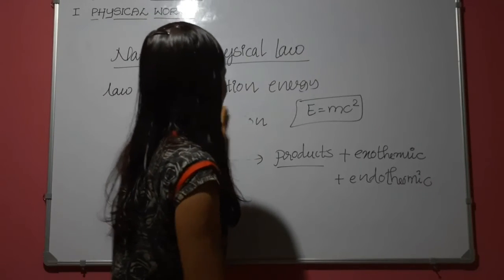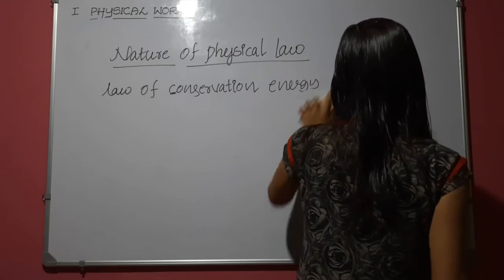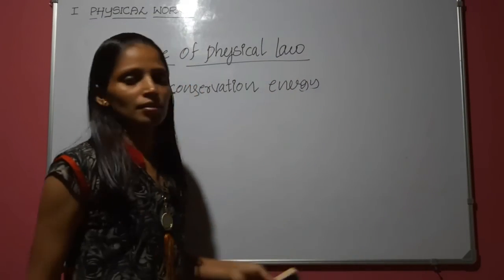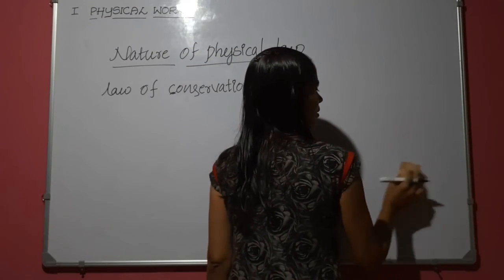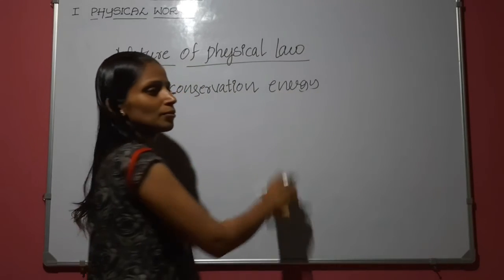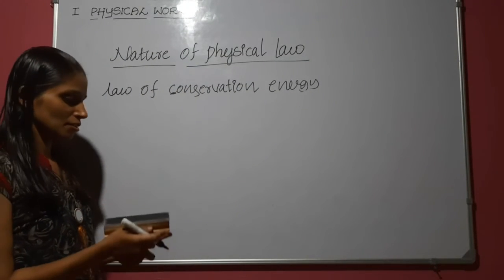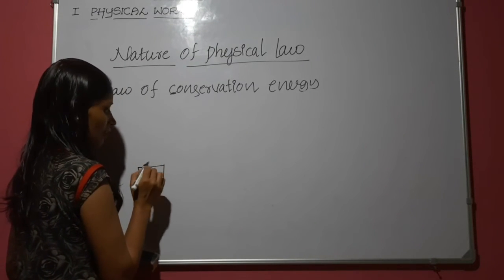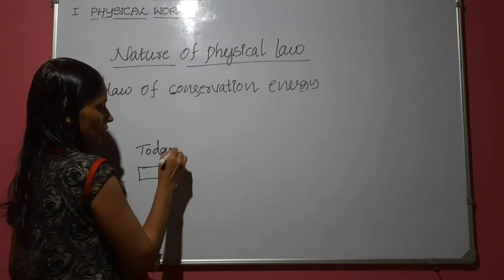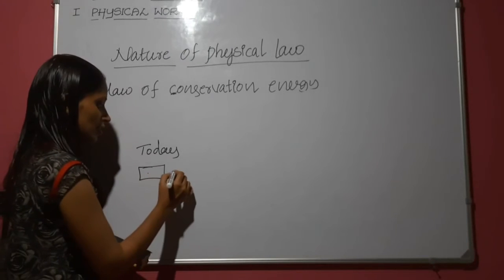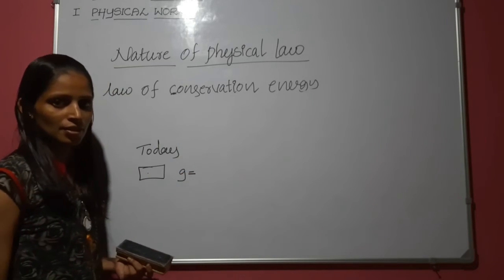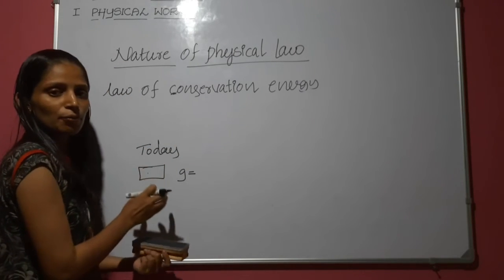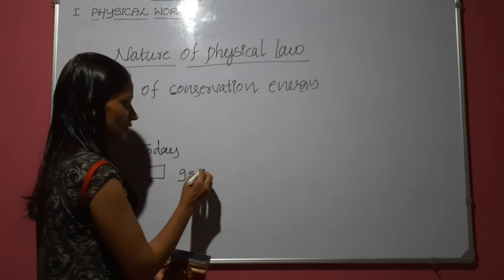Next, what do we study? Actually, we have performed some experiment today, and after many days we perform the experiment again. We will get the same value. Say, acceleration due to gravity, we find out in a lab. Today we are performing the experiment and we find the acceleration due to gravity value. After some days, in the same lab we perform the experiment, then also we will get the same g.